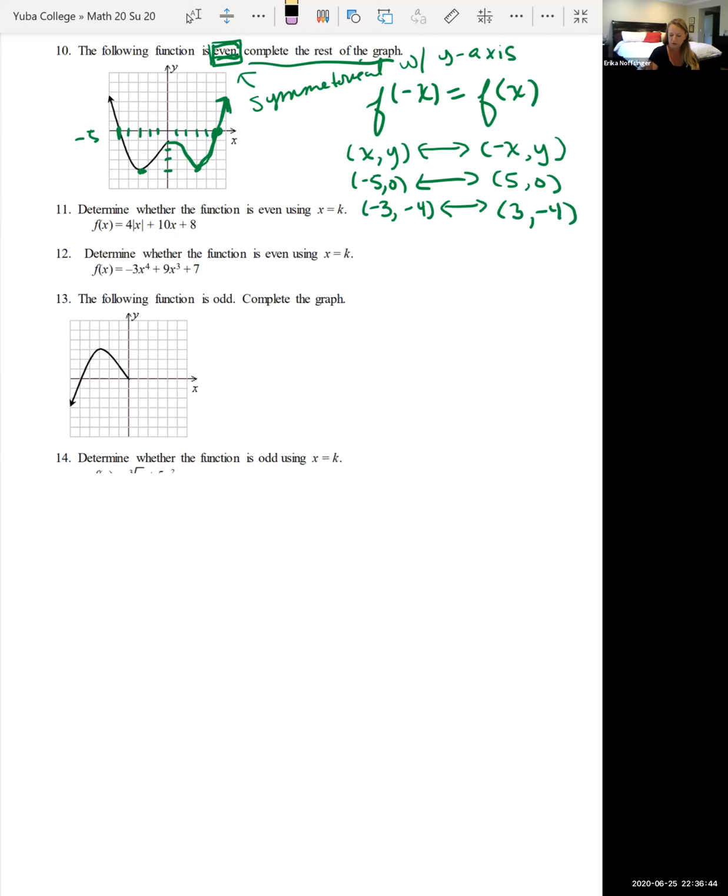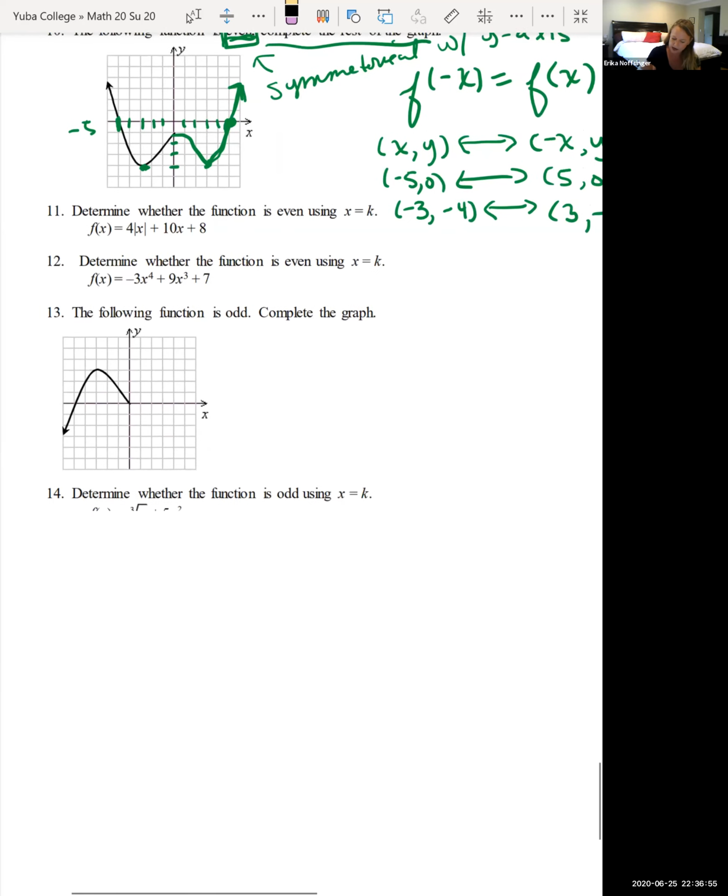Okay, so determine whether the function is even using x equals k. So we didn't usually use a different variable. We used the negative x, but it doesn't matter. So basically what that's saying, I'm going to actually write it down here if that's okay.